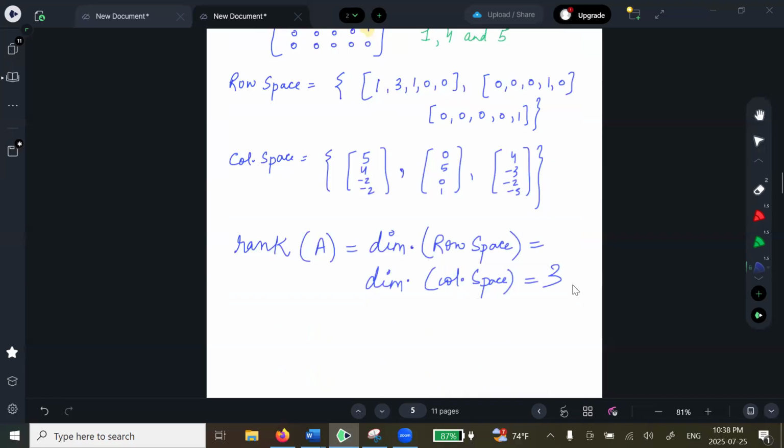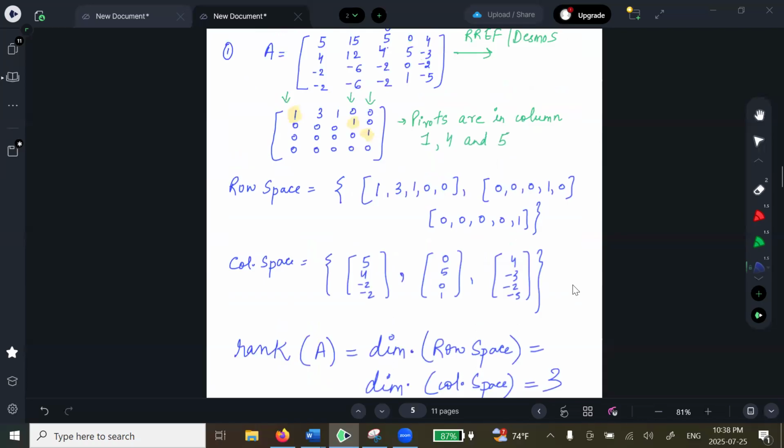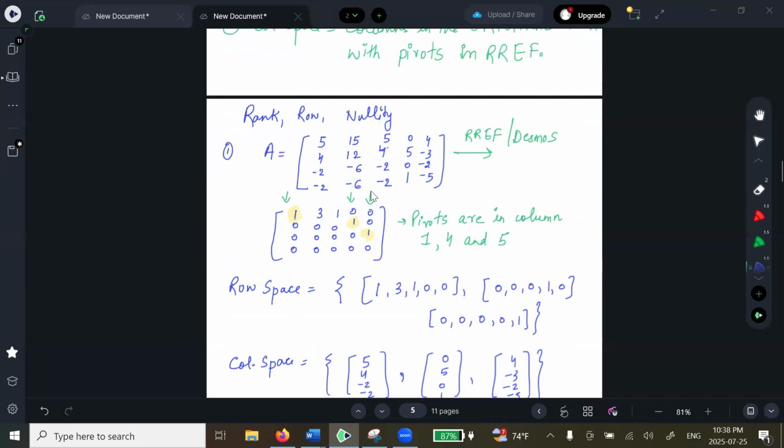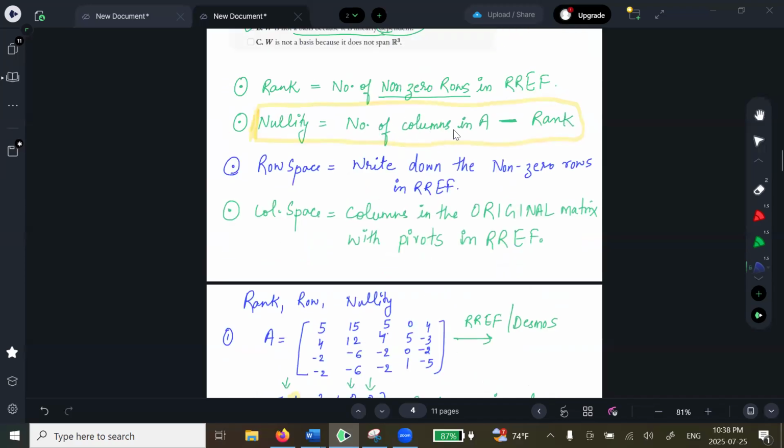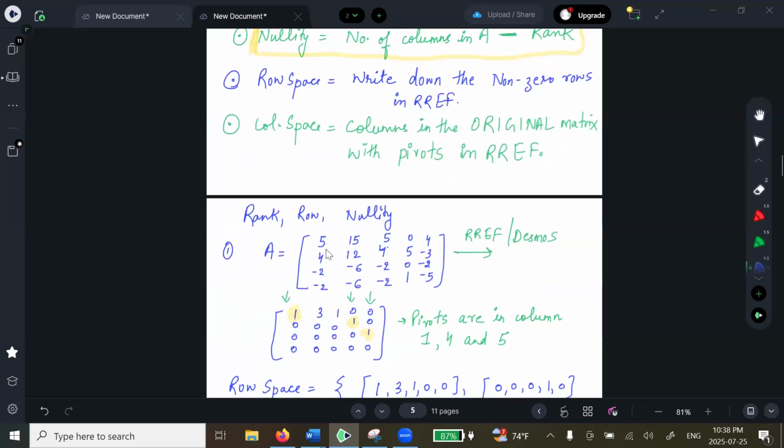Next comes, and the most important thing, nullity. How you find the nullity of a matrix A. This is where the techniques from chapter 1 comes into play. You have to parameterize the solutions. How do I find nullity? It's the number of columns in A minus rank. Number of columns in A is 1, 2, 3, 4, 5.